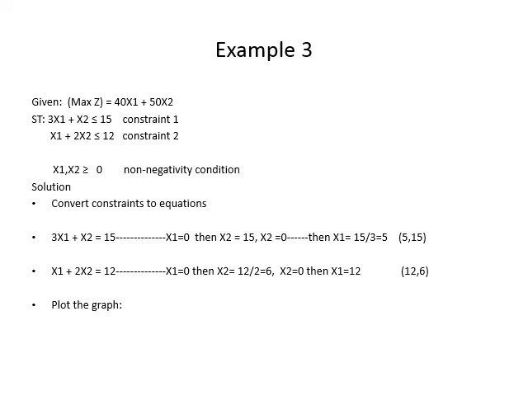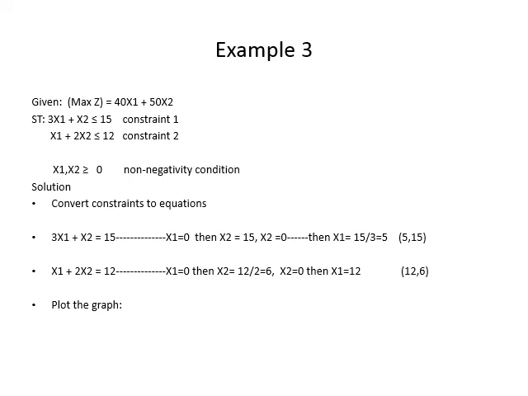The first step is to convert constraints to equations. Let's see. To convert the first constraint to an equation, it will be 3x1 plus x2 equal 15.